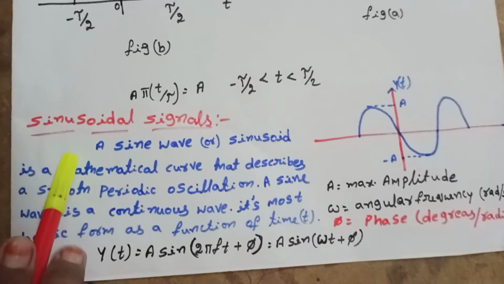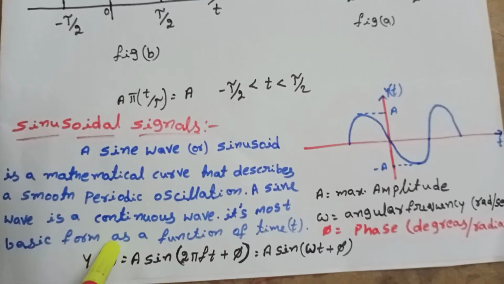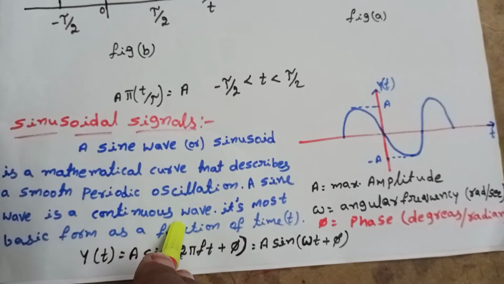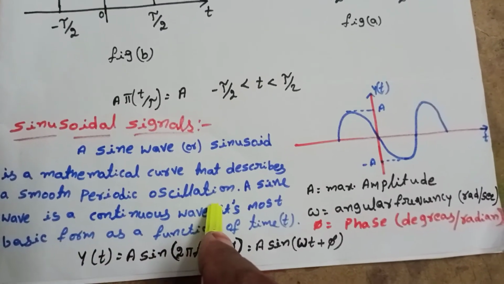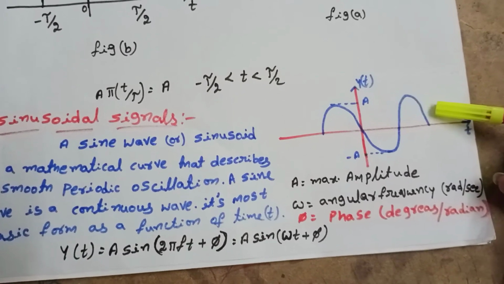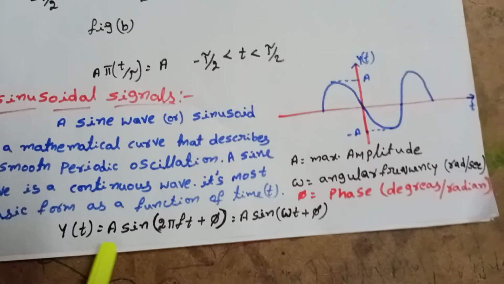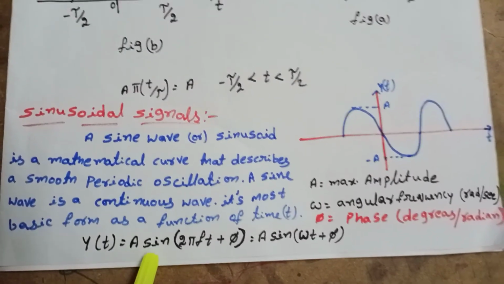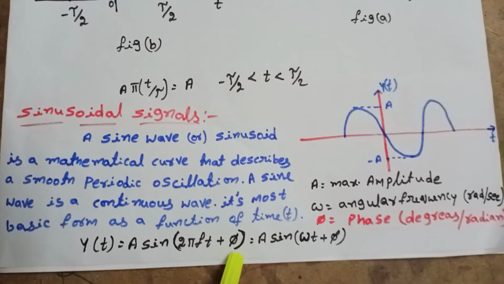Another basic signal is the sinusoidal signal. This sinusoidal signal can be used for continuous waves or smooth periodic oscillation. The graphical representation of the sinusoidal signal is shown here, and the mathematical representation is y of t equal to A sine of 2 pi f t plus phi.